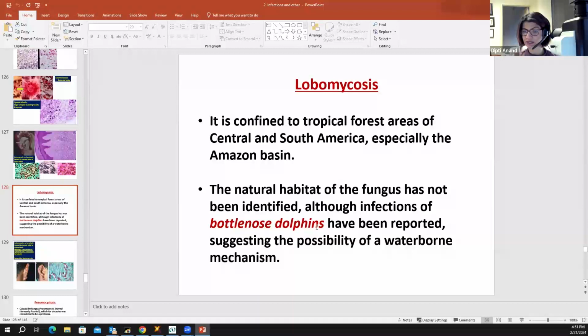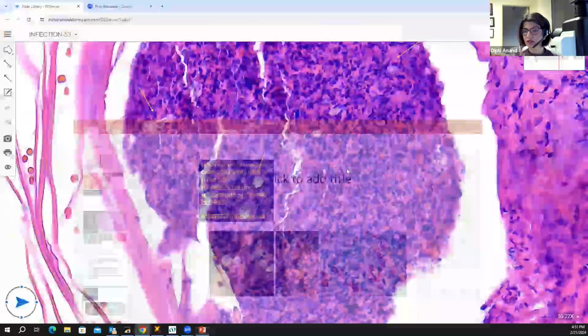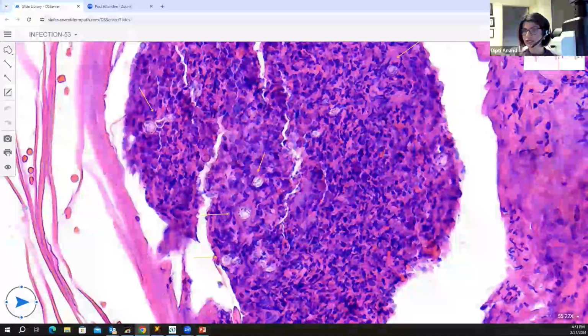So those can be the natural habitat of these organisms. And what you see in here is long chains of spherical cells connected by tubules. So background of keloidal scarring. So it's the same size of the organism, except that they are connected to form these long tubules. So that's lobomycosis. So that's blasto right there.